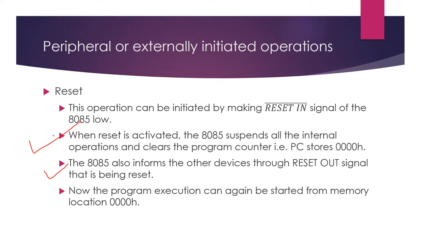So the 8085 informs the other devices through reset out that it is being reset. Whatever data transfer takes place between the microprocessor and other devices during the reset time is all lost. The program execution can again be started from memory location 4 times 0 hex after the execution of reset.